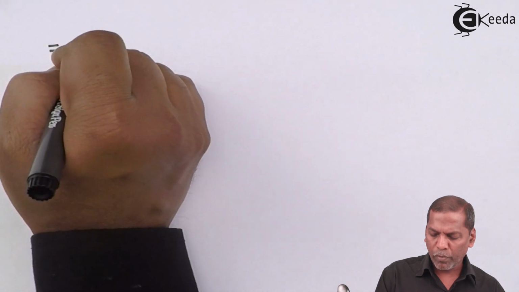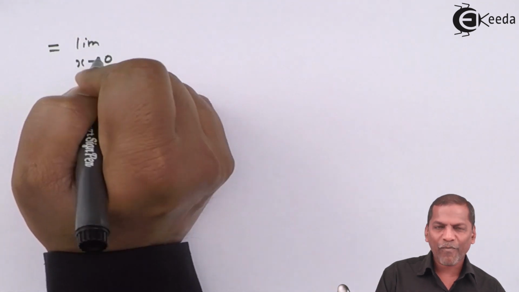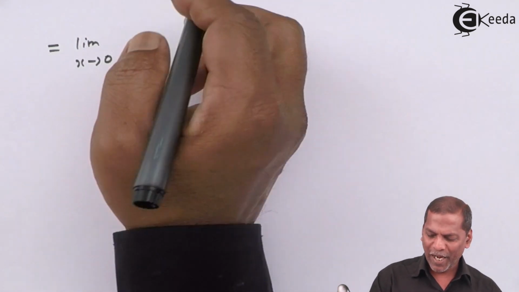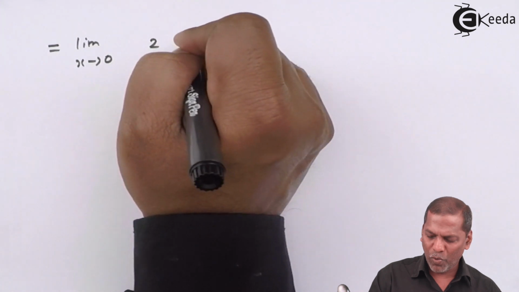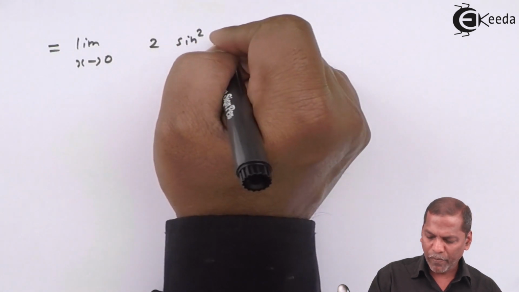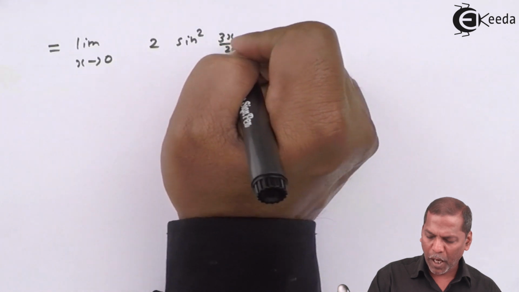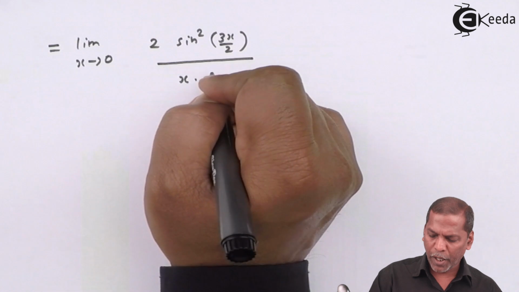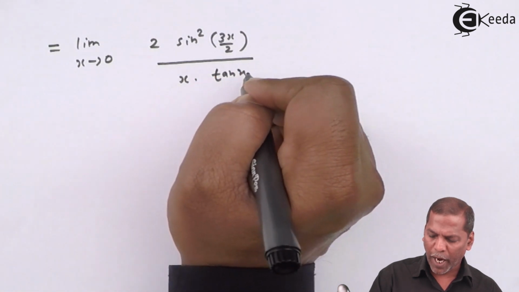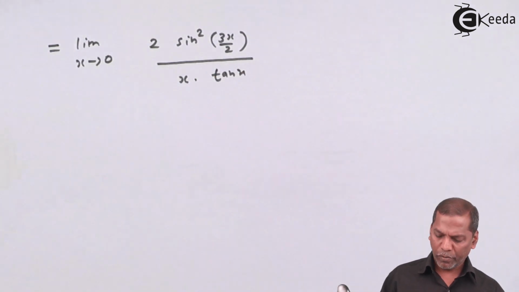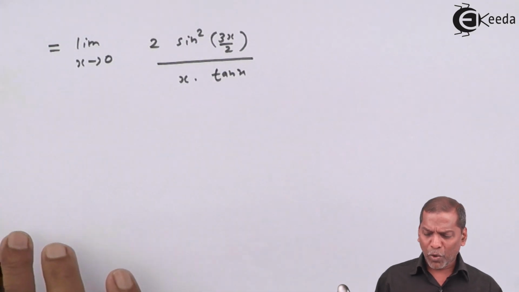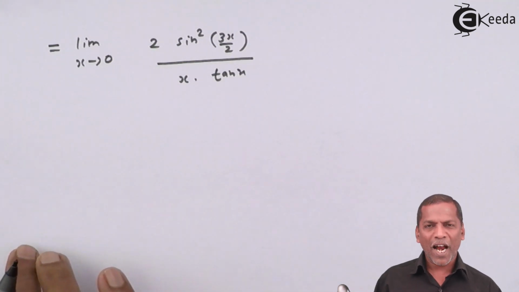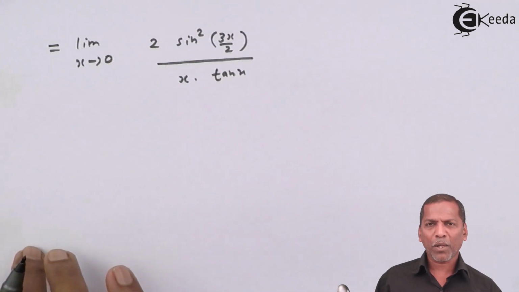So it is equal to limit x tends to 0, 1 minus cos of 3x gives 2 sine square (3x upon 2) upon x into tan x in the denominator. Now here, to get the rule of limits, we have to divide the numerator and denominator by x square.